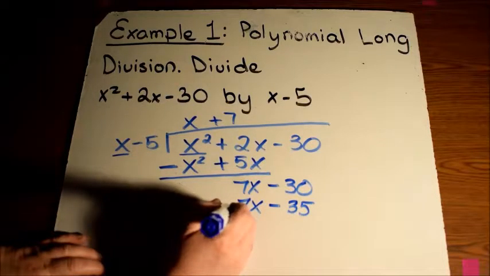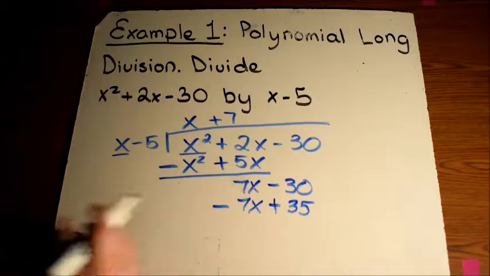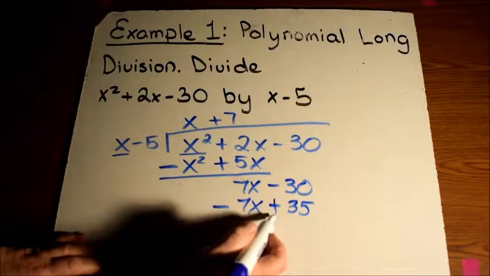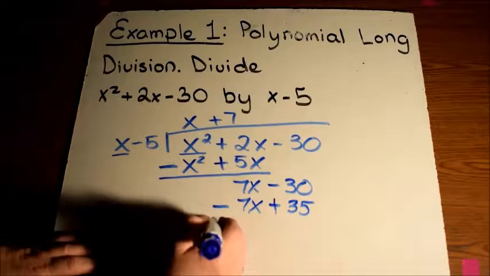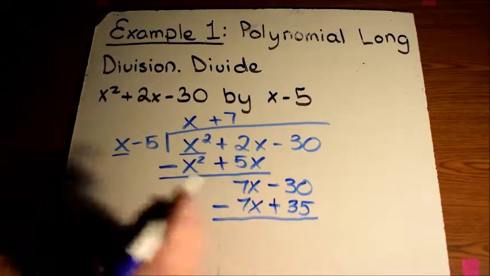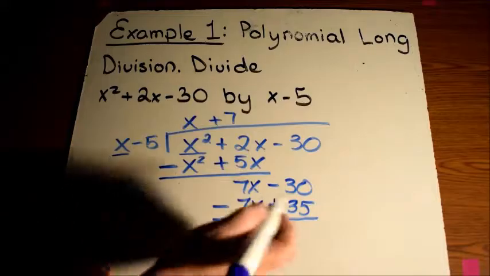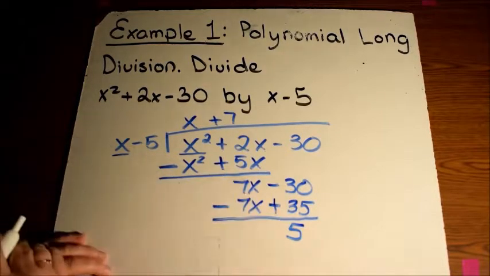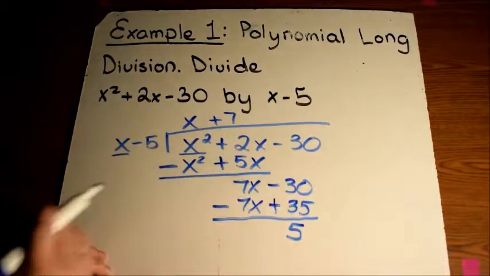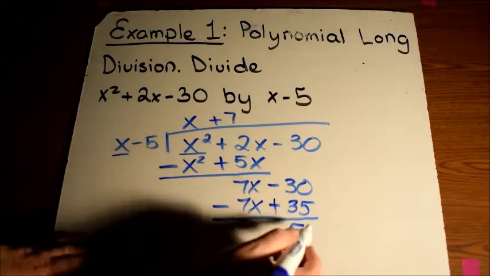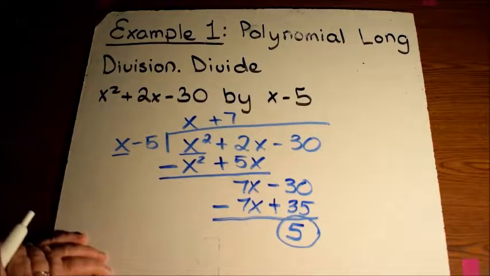Subtract. Let's change the signs for each of these. This positive became a negative and the negative became a positive. And now we add. 7x minus 7x is 0. Negative 30 plus 35 is 5. There's no more terms to bring down, and this isn't 0, so this is our remainder.